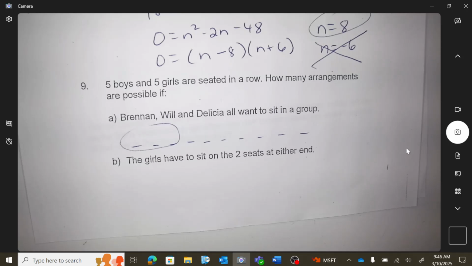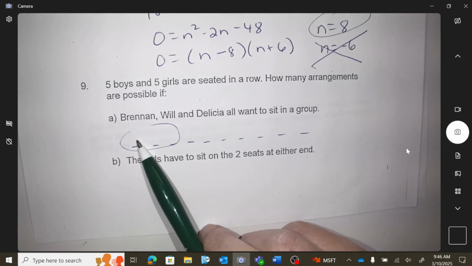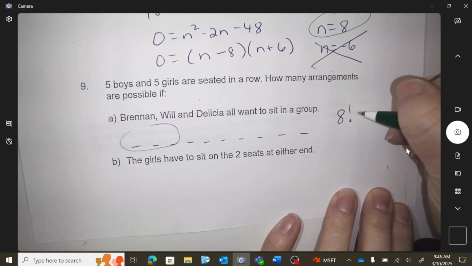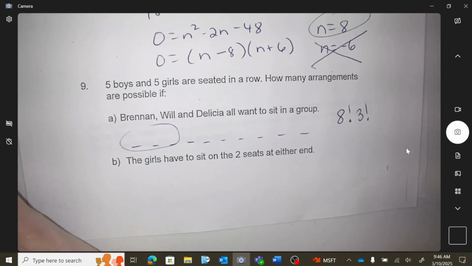So I'm going to do a how many groups am I moving, what's happening within the group method. So 1, 2, 3, 4, 5, 6, 7. So all of them is the 8th group. But then they can move amongst themselves.